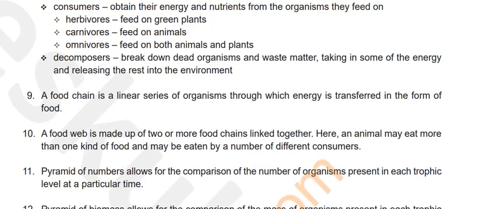A food web is made up of two or more food chains linked together. Here, an animal may eat more than one kind of food and may be eaten by a number of different consumers. The food chain is linear, it is straight. It has everything to do with one organism eating only one type of food, then being eaten by another.